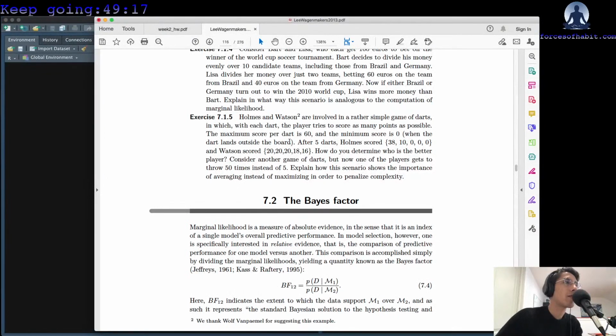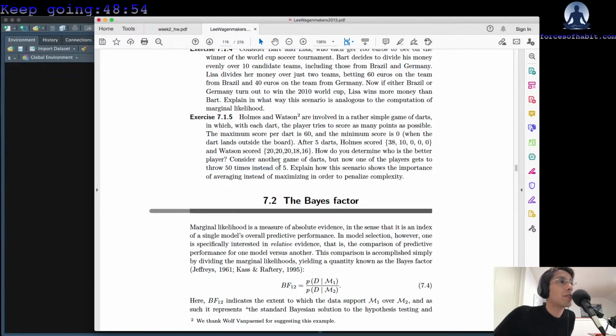Well, what are our prior probabilities for each of these events? We'd have to account for that. Additionally, over time, you'd see how it might be the case that Holmes is a better player if we could throw more darts.